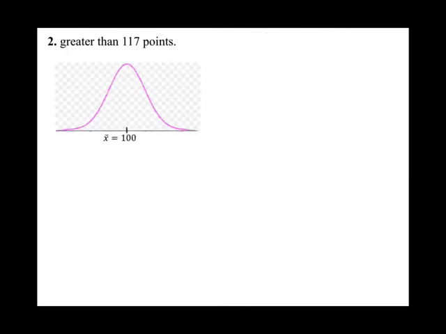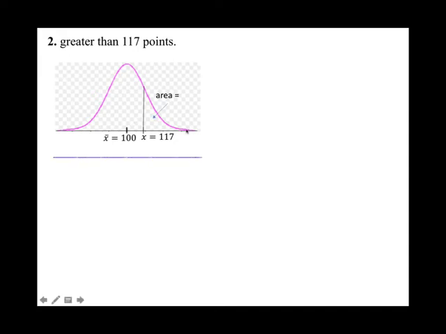Okay, number 2, greater than 117 points. So x equal to 117 points, somewhere like here. And we want to find the probability that's greater than 117 points. So greater than means we're looking for the area to the right.